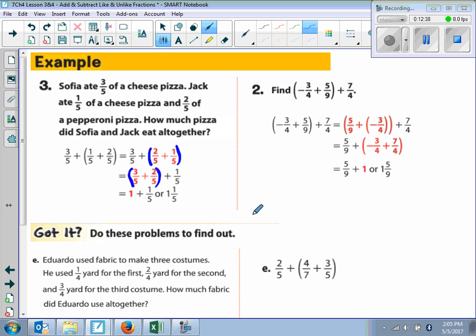They're moving it from the back 2 to the front 2. You see that? What property is that? That is the associative property of addition. That tells us we can group in any way we want. The reason that they did that is because look at what happens. 3/5 plus 2/5 is equal to 5/5, which is equal to 1 whole. So 1 whole plus the 1/5 gives us 1 1/5.